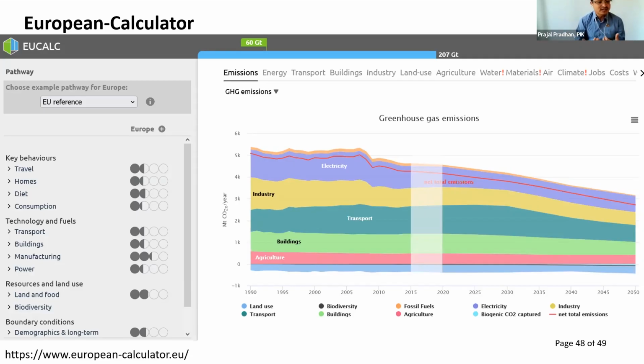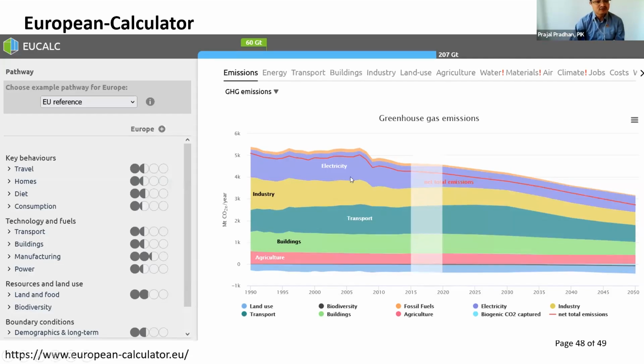And one can use this calculator-based approach to make some decisions, and one can also see interlinkages between different systems here, even though it's not explicitly tagged as an SDG tool. You can see here there is emission.